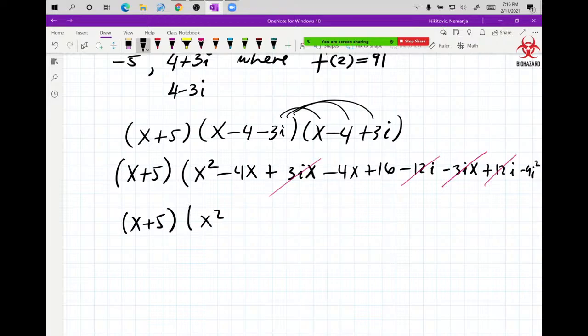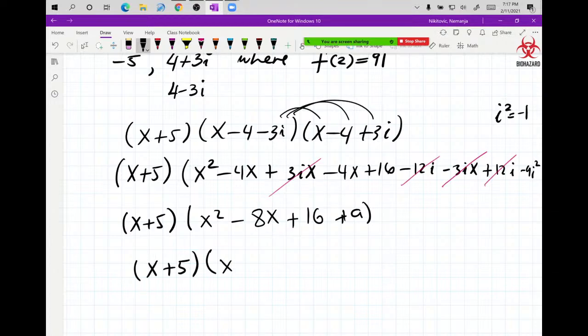You have your x squared minus 8x, right? -4, -4, plus 16. And this 9i squared, that i squared is -1. So that's plus 9 now at the end. So you have your x plus 5 to be x squared minus 8x plus 25.